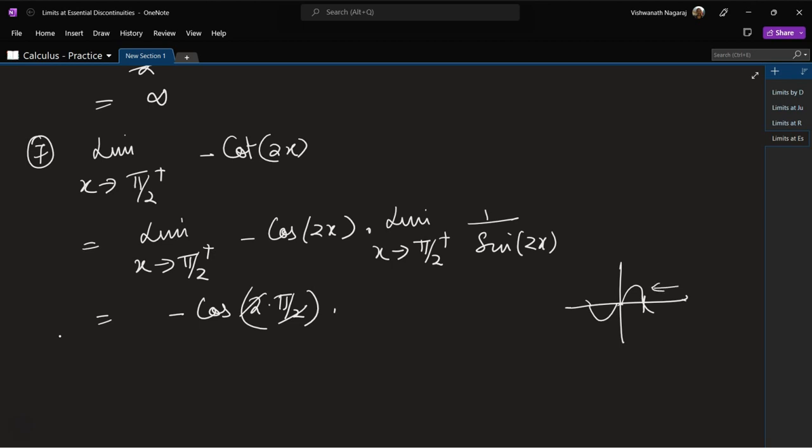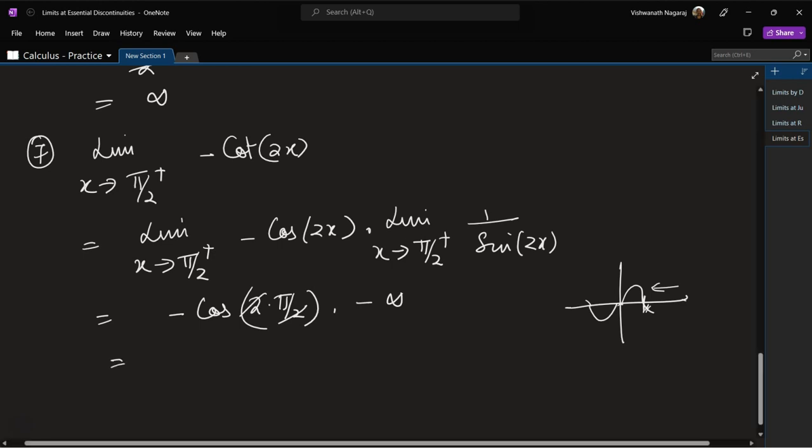Just after pi by 2, it will be negative, a very small number. So that means minus infinity, 1 by a very small negative number. So this is going to be minus of cos pi, which is minus 1, times minus infinity, which is equal to 1 times minus infinity, which is equal to minus infinity.